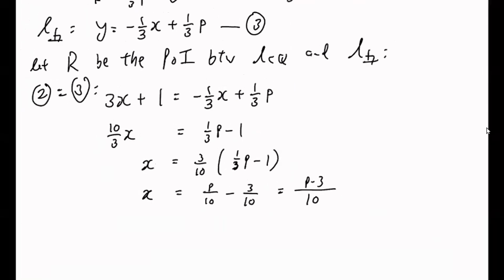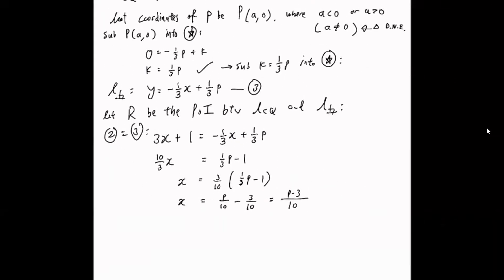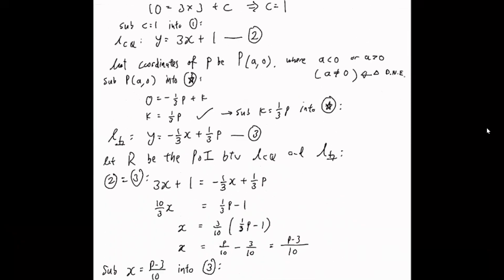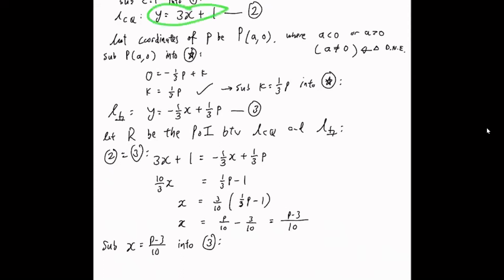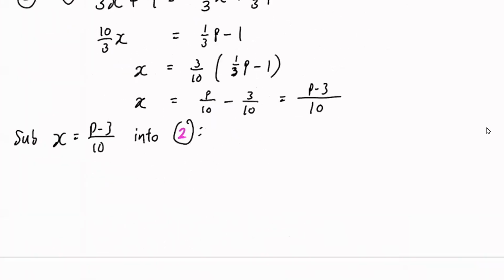Then what's the y coordinate? Sub x into 3, or 2 is also okay. Actually, I think it's easier if we use 2. So we get y equals 3x plus 1.